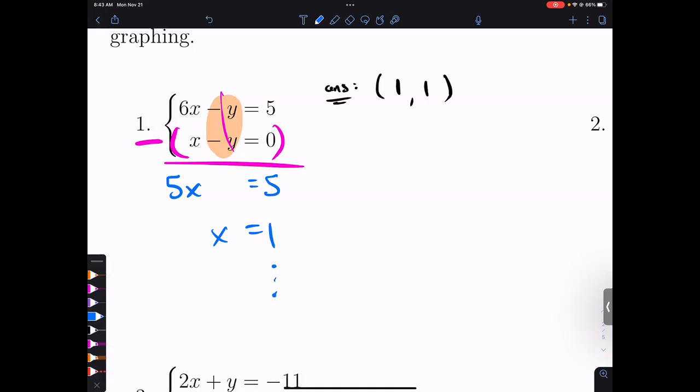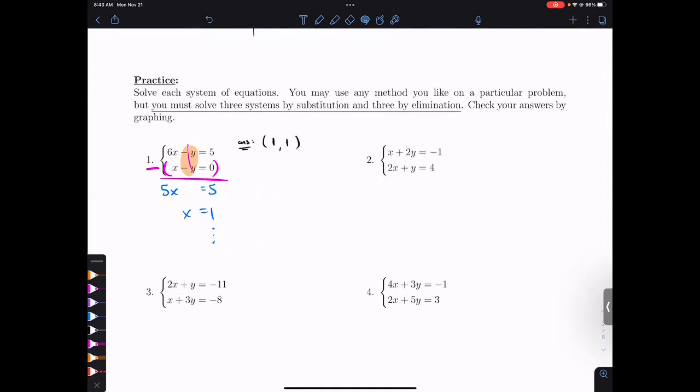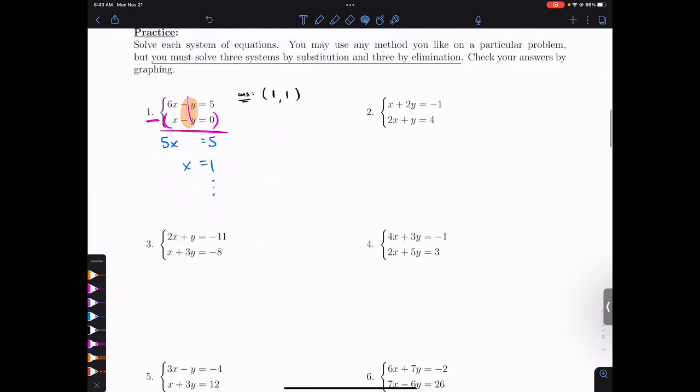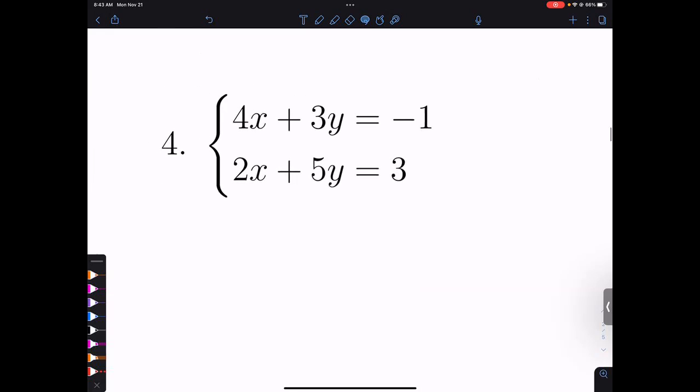Okay, so back to this idea of doing 3 by substitution and 3 by elimination. What I'm really going for there is for you to think about how you want to approach a problem. Look at 4 maybe. Is there any good way there? And when I say a good way, I mean where I don't have to deal with fractions, right?